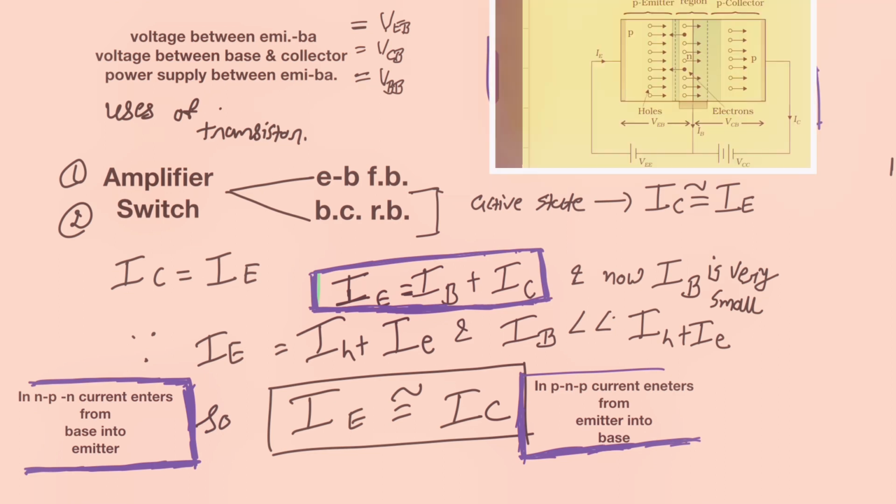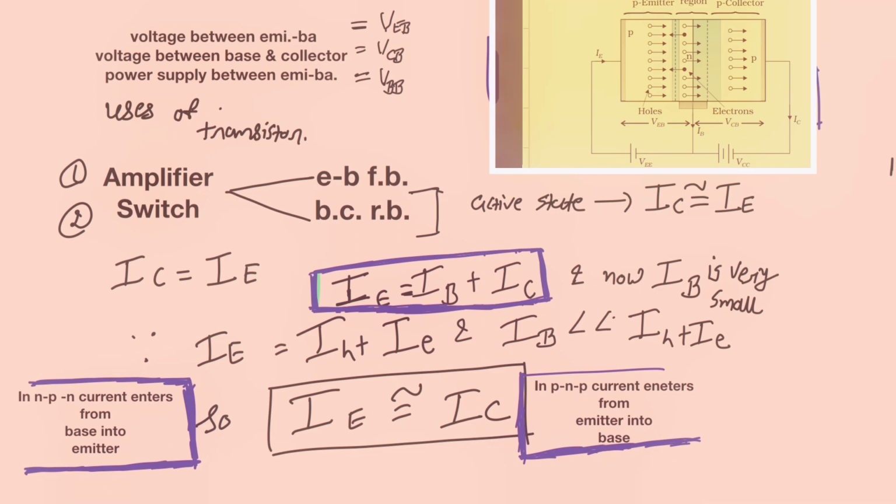To understand the basic action, the emitter current and collector current are almost equal when the transistor is in active state. Active state means the emitter-base junction is forward biased and the base-collector junction is reverse biased. So the emitter current is equal to IH plus IE. What is IH? IH is the hole current. IE is the electron current.